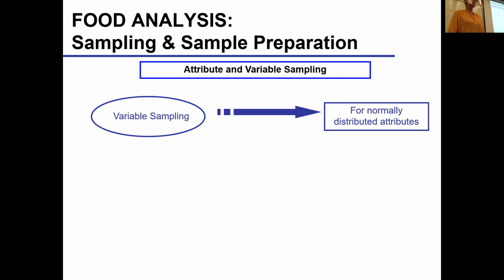Variable sampling, these are for constituents that are normally distributed, like fat, ash, moisture, everything. So the attribute, it depends on what you're testing. Attribute, what are you testing for? Are you testing for the presence of Clostridium? Are you testing for the presence of aflatoxin?